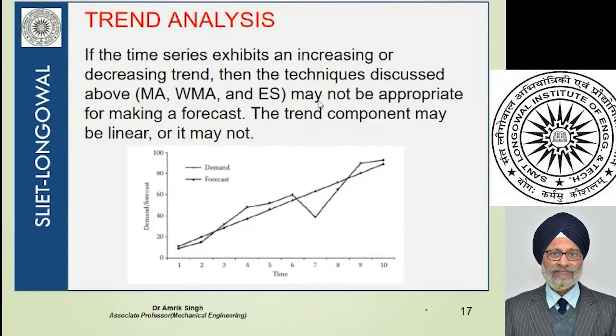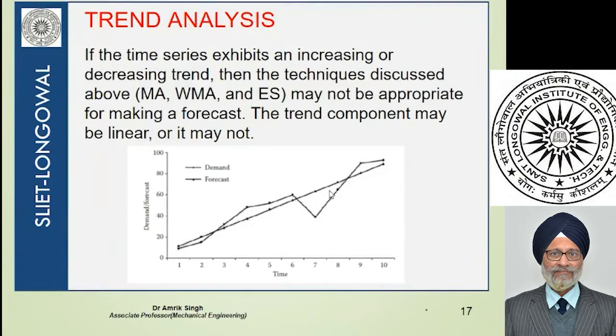So in order to use the time series and other causal methods, we have to find what we mean by trend analysis. If time is taken on the x-axis and demand and forecast on the y-axis, and we plot this demand and forecast both, so this is our forecast and this is the demand.